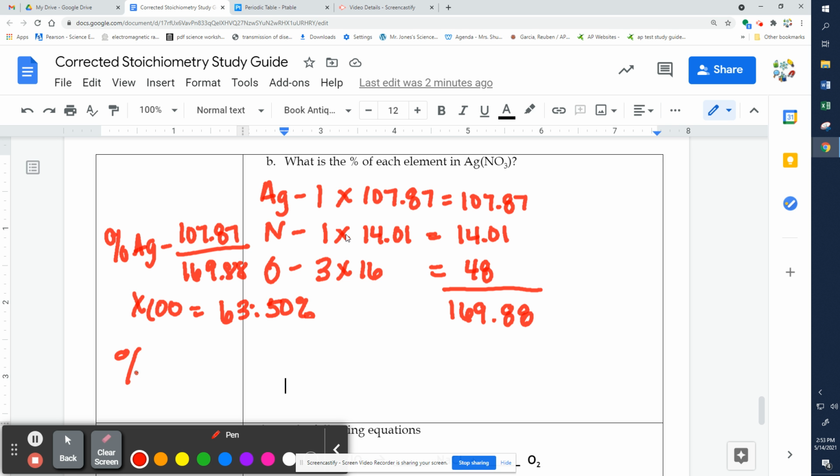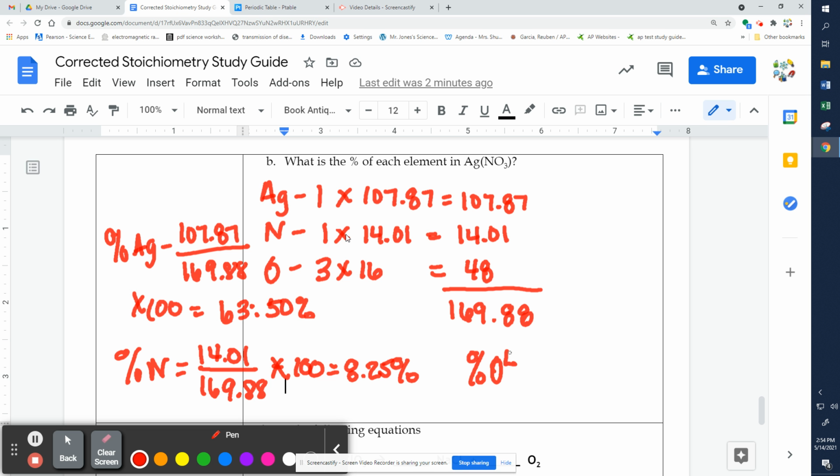Our next one is percent N. So that is 14.01 divided by our 169.88 times 100. Should get 8.25%. For our final one, we have percent oxygen. So, 48 divided by 169.88 times 100, 28.26%. Right?